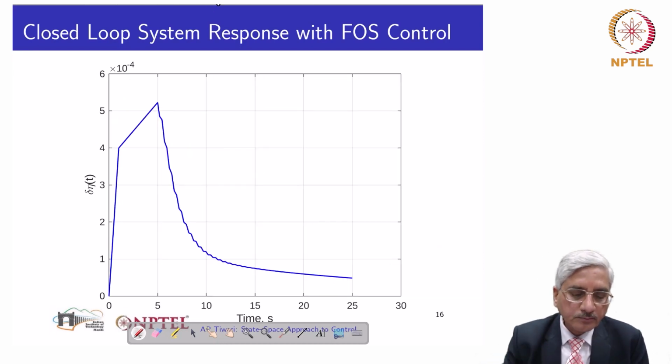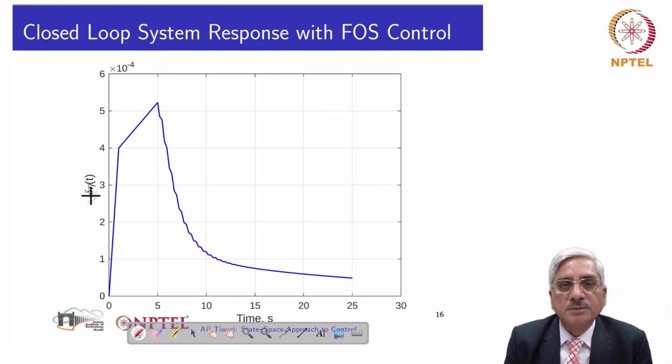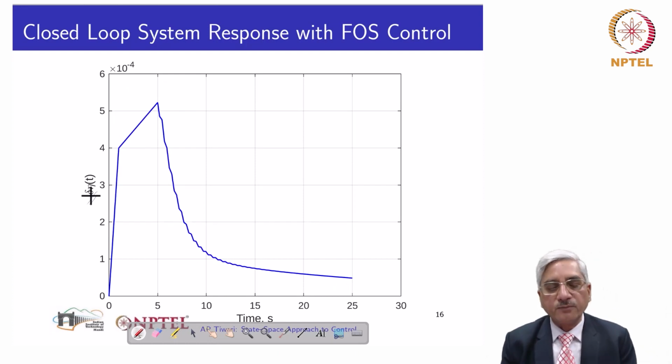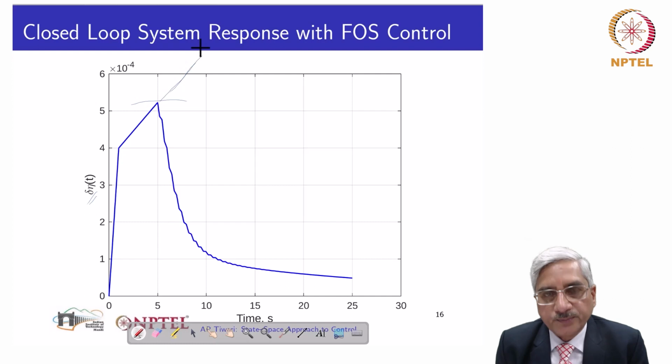Now this is the change in neutron density relative to steady state neutron density of 1 unit. The change is very small. Of course, if the controller was not switched on, it would have continued rising exponentially, slow exponential.